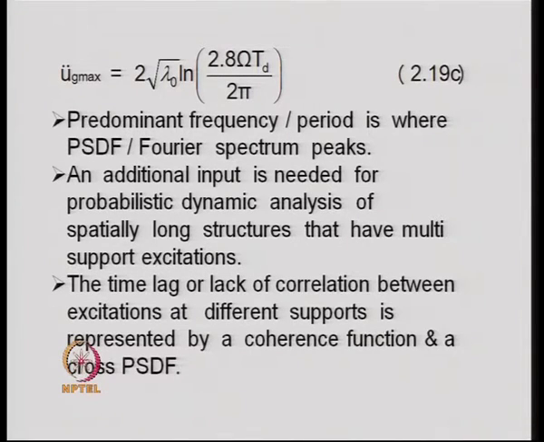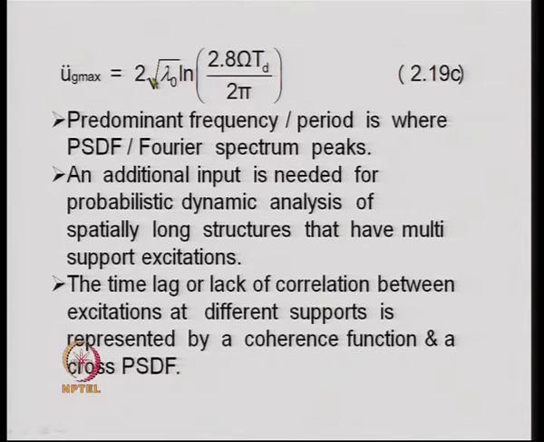From the power spectral density function of the ground motion, one can obtain the peak ground acceleration using the relationship shown over here, that is, equation 2.19c. This requires the knowledge of the duration of the ground motion, the capital omega, and lambda 0.